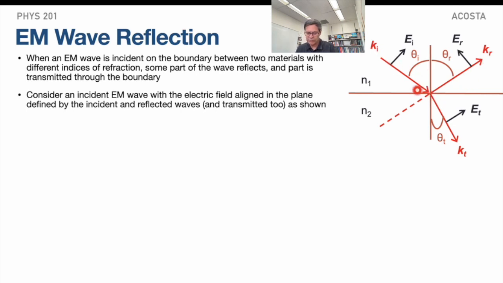And by the way, the transmitted wave has to be in the same plane as well. Now I've drawn Ei, the component of the incident electric field, obviously at a certain point in time, and the same thing for the reflected wave here. And notice that it is perpendicular to the direction of motion, as it must be for a traveling electromagnetic wave. Right? So there's a perpendicular angle there.